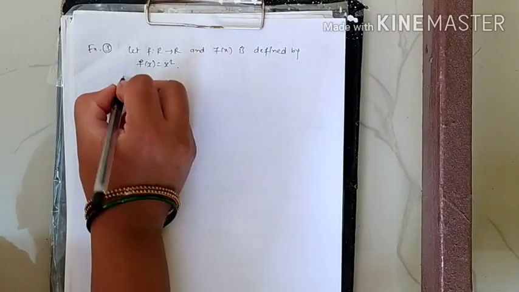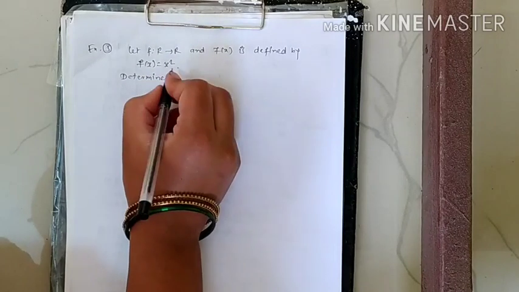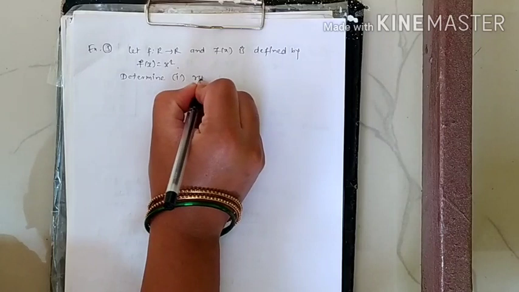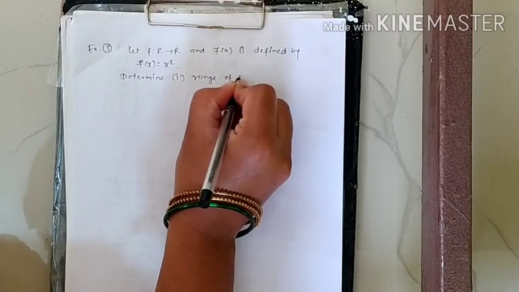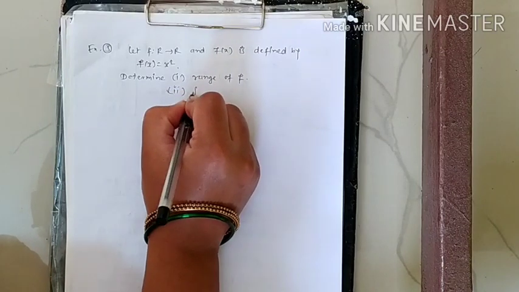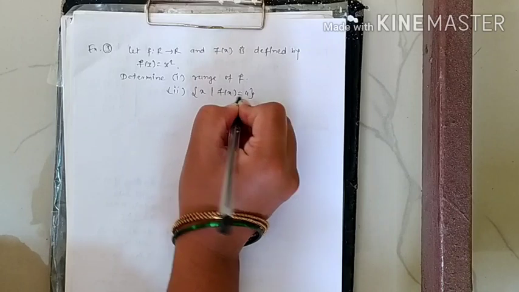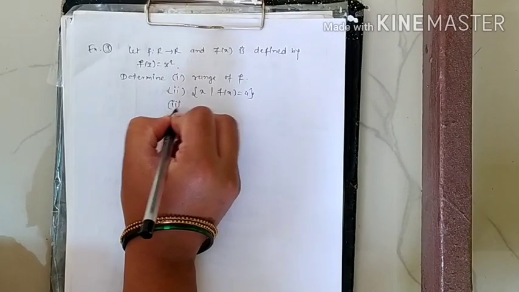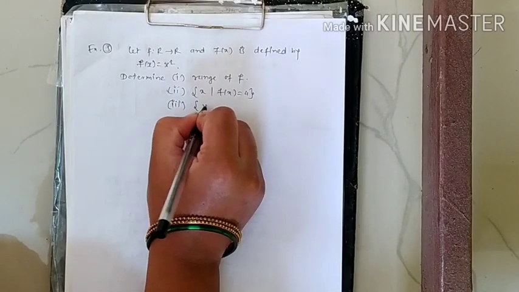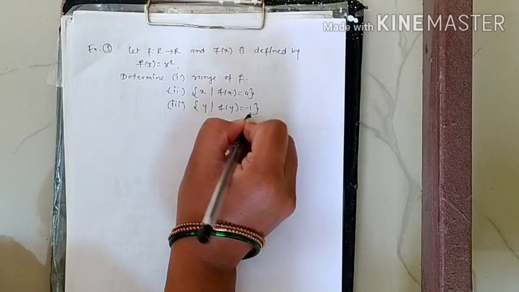So determine, first, the range of f; second, the set of x such that f of x is equal to 4; third, the set of y such that f of y is equal to minus 1.